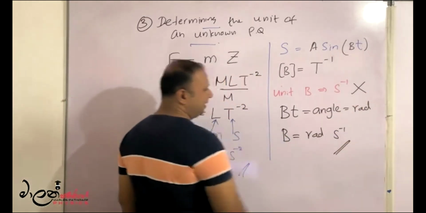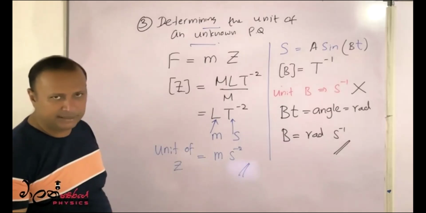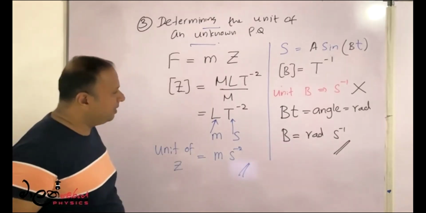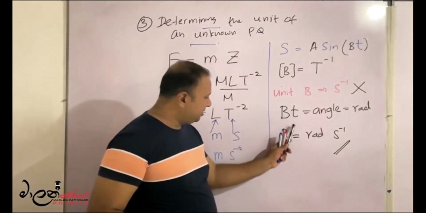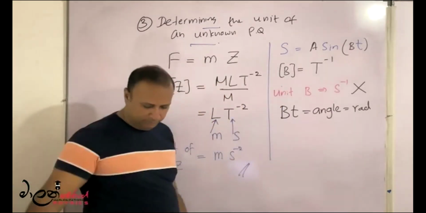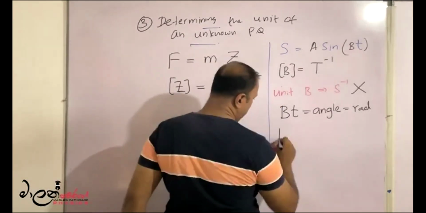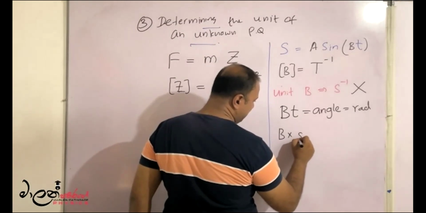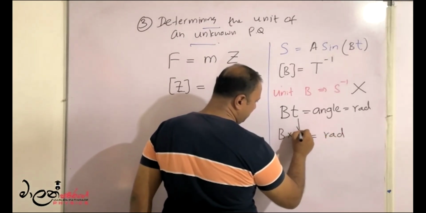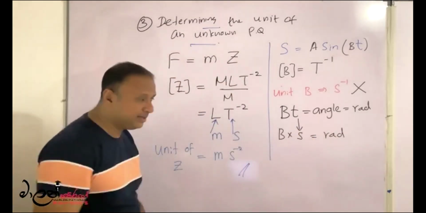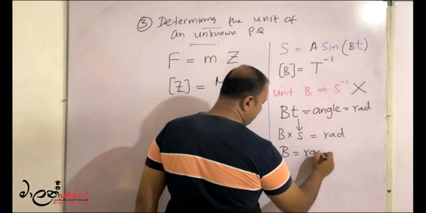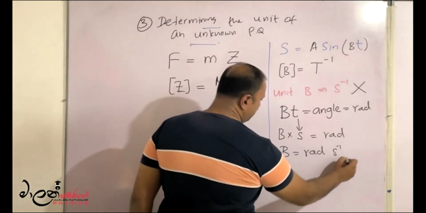Bt is the angle, and t is measured in seconds. Therefore B times seconds equals radian, so B is equal to radian per second.